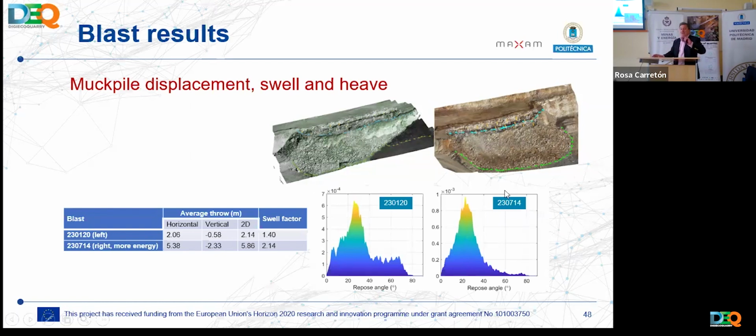Not because the blast was not well done, but because this quarry sometimes wants to blast like that with a very low specific consumption, very low powder factor, so that you just get some pre-fragmentation and just a little displacement. Because the rock is not strong, the excavator can take it.